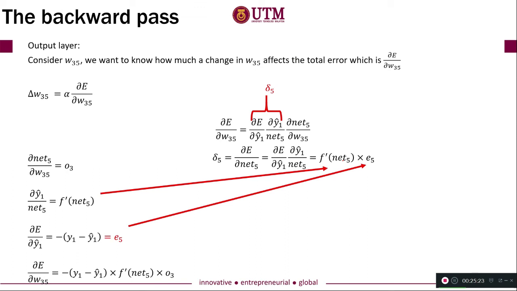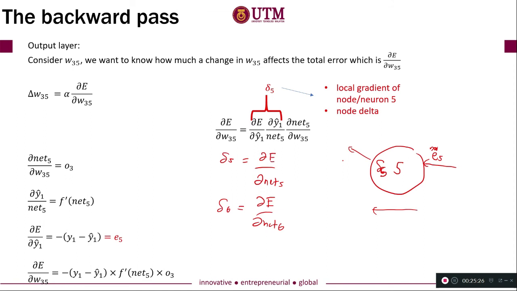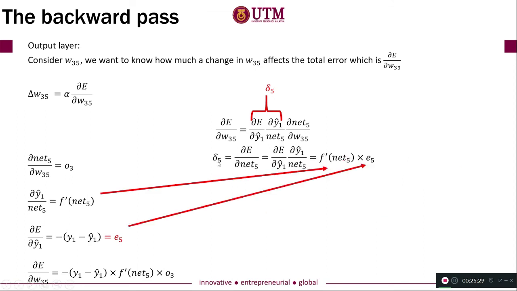That is it. So delta 5 again is equal to del E over del net 5. This is the component. If I want to express delta 5 in this way, because I already defined the local error happening in node 5 as E5, delta 5 is actually the local gradient happening in node 5, defined as del E over del net 5.